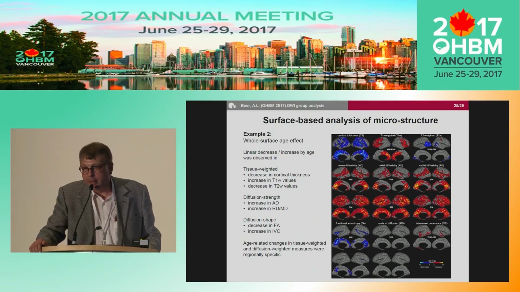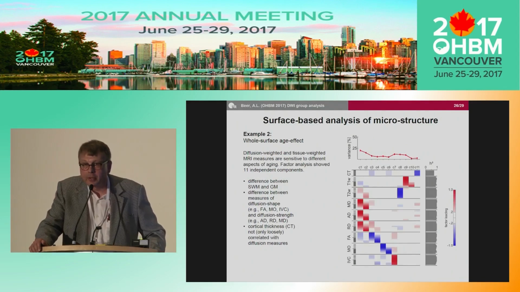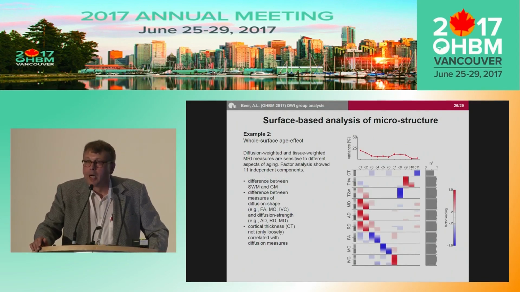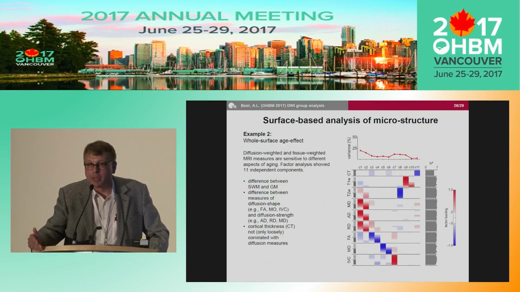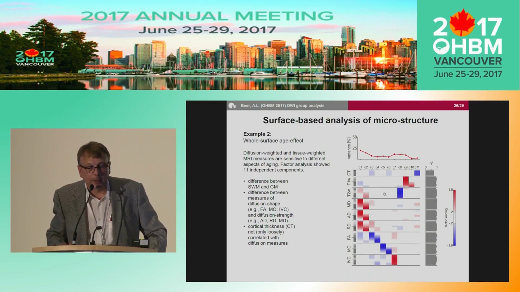But another thing that you might think is that these changes look quite similar across different maps. So we performed a factor analysis in order to determine whether these changes in diffusion properties are just reflecting the same as we observe in the structural changes like cortical thickness and so forth. And we looked for independent components.